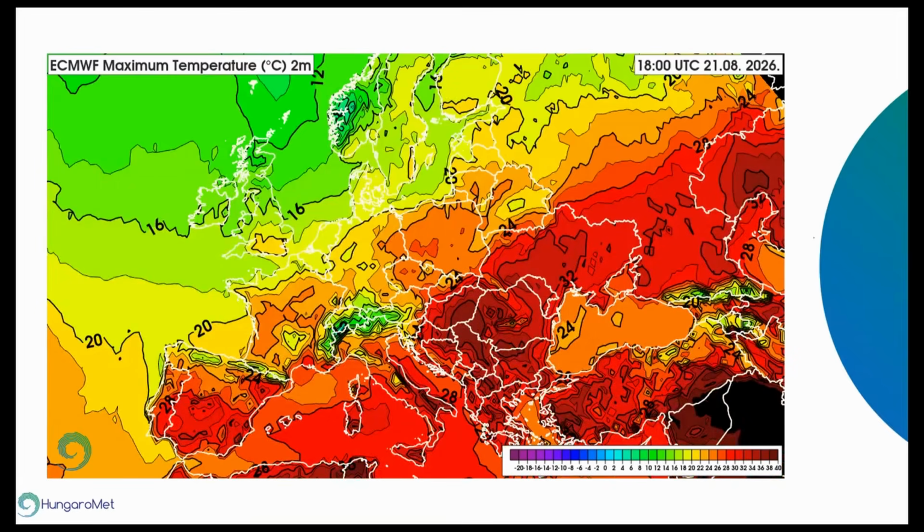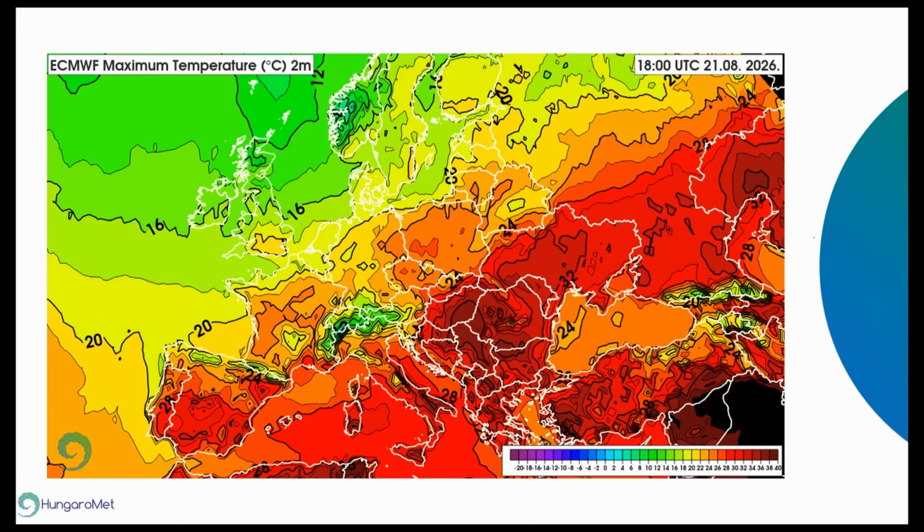So the maximum temperatures are expected to increase from today in the next week or so. We are expecting maximum temperatures of around 35 to 40 degrees in the southeast of Europe specifically. In the northwest, we expect it to not get this high, so that will likely stay around 20 Celsius. And now I hand over the presentation to my colleague, Zsófia.